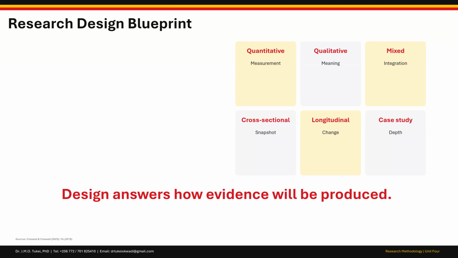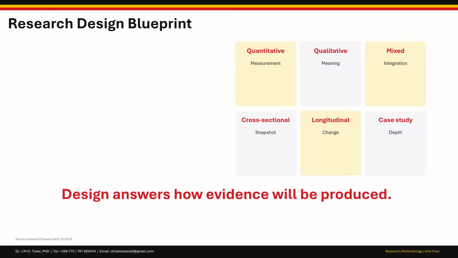But the group that is going to explain this will tell us more about the advantages and disadvantages of each of them. But I wanted to say that each research design answers a specific research question.